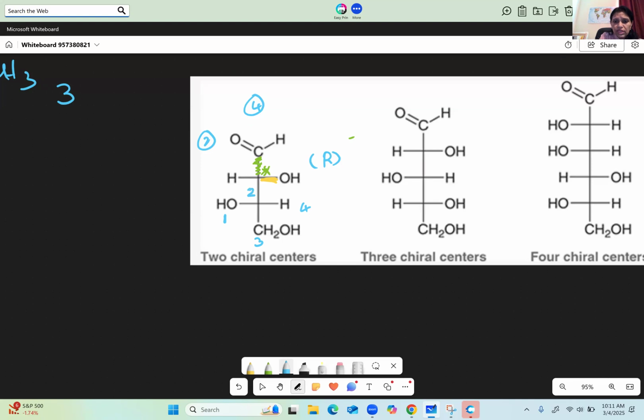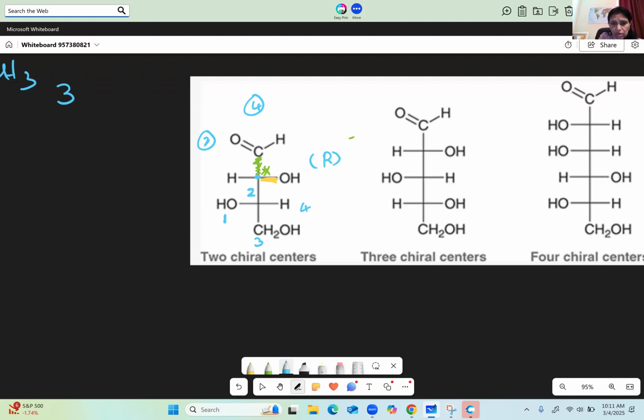For 2, if you look at this carbon, this is CHOH, this is CH2OH. So the carbon on the top has one hydrogen and one OH, which does not break the tie with the third carbon. But other than one hydrogen, it is also attached to another carbon. So that breaks the tie. So second, the one on the top gets the higher priority versus the one on the bottom.